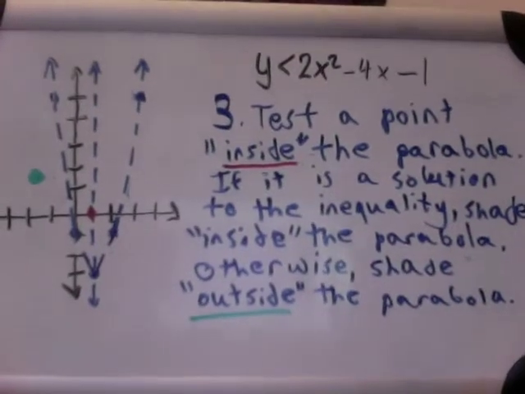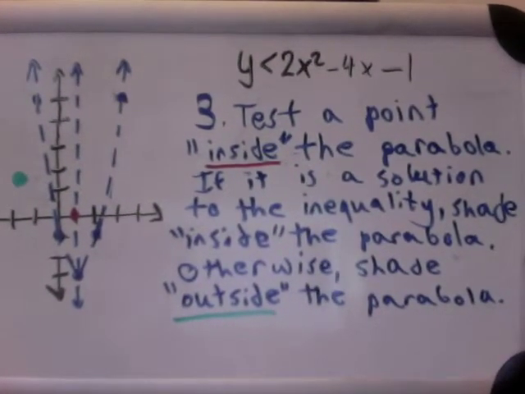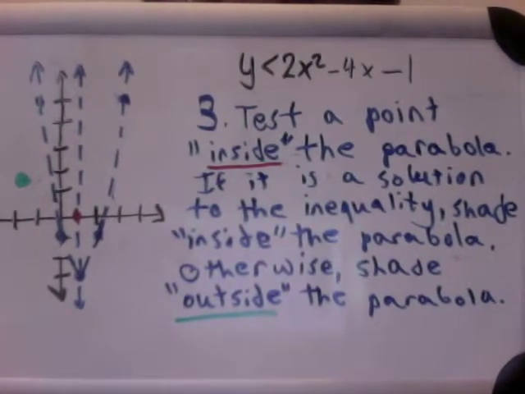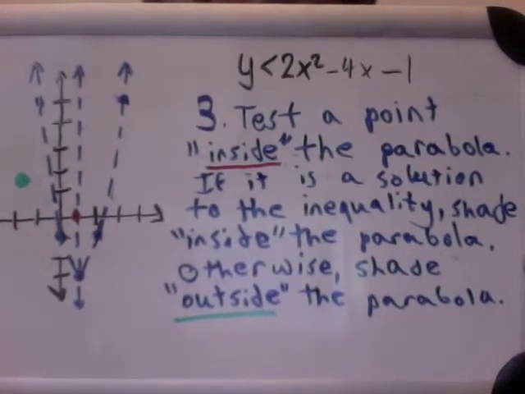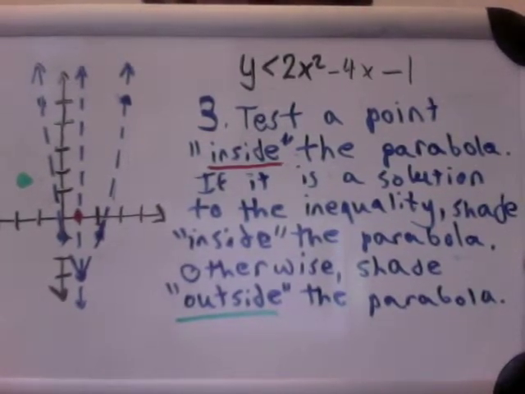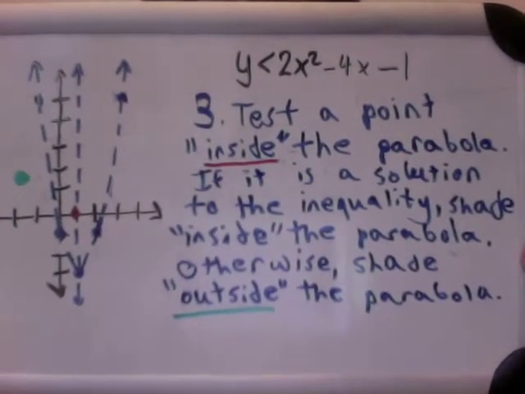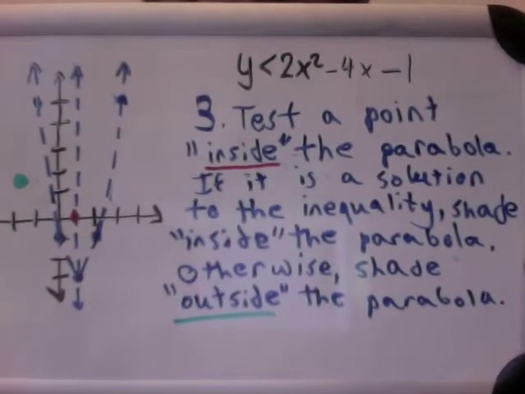The third step involved in graphing a quadratic inequality is the same as if we were to graph a linear inequality. Again, we test a point, this time inside the parabola. If it is a solution to the inequality, then we shade the inside of the parabola. Otherwise, we shade the outside of the parabola.